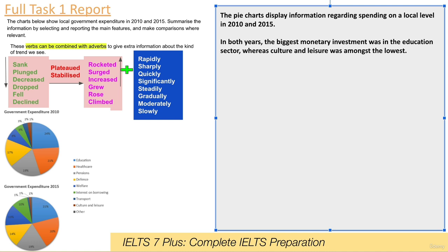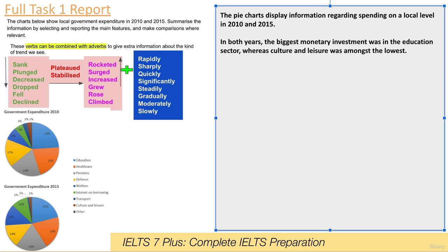In both years, the biggest monetary investment was in the education sector, whereas culture and leisure was amongst the lowest. Okay. Right, so let's then make a start on our first group, which is going to be 2010.